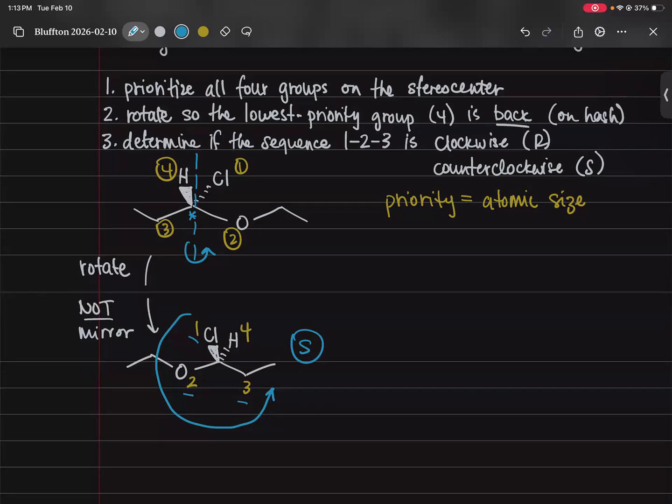And so if you're careful and you don't mess up which direction goes with which in which scenario, you can say, all right, here I've got the hydrogen coming towards me.